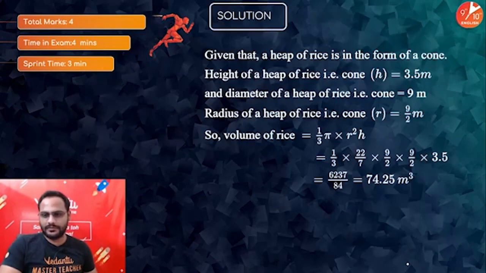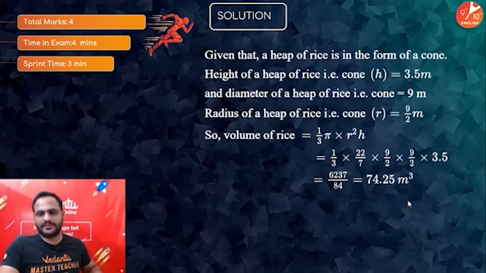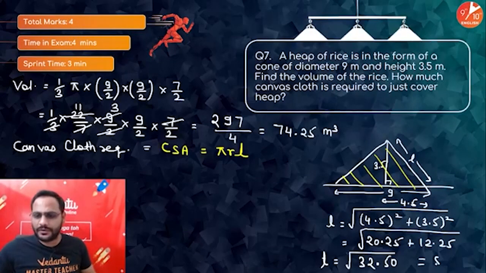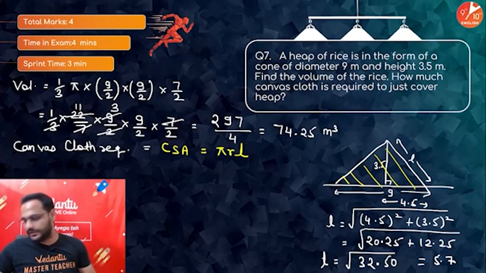I think it will not be a perfect square. Square root of 32.5. चलो near value, not a perfect value, nearly it will be equal to 5.7. You know guys, long division method you need to use over here.